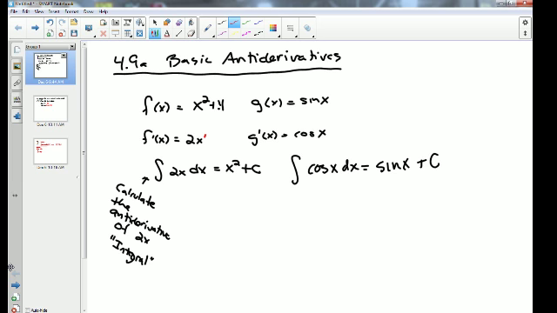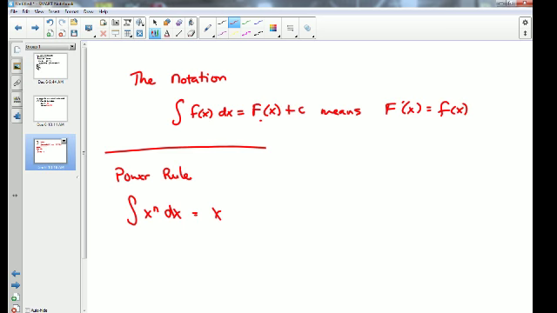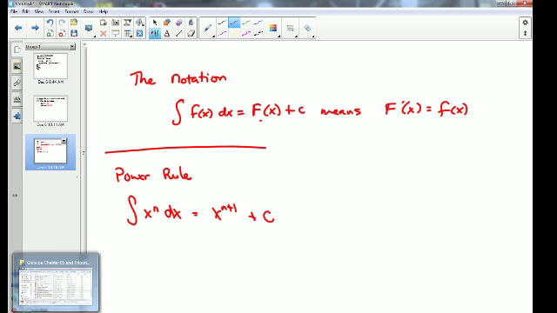So for derivatives, we subtracted 1 and brought this down. You add one. Okay, so we're going to add 1, then you have x to the n plus 1. And there has to be something else there. Why do I need that in the denominator?